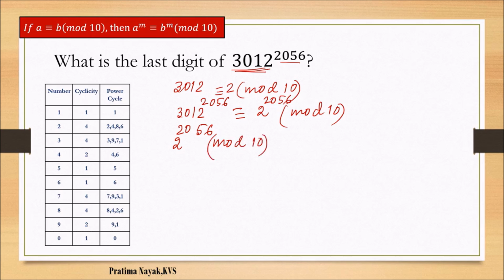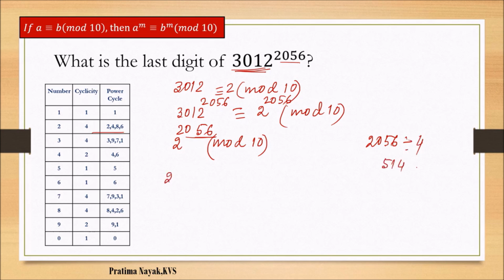After converting to a simpler form, next I'll get the cyclicity of 2. Again we have repeated just now. 2, 4, 8, 6. So I'll see whether it is a multiple of 4 or not. If it is a multiple of 4, then the result is 6. So 2056, if we divide it by 4, it will be 514, yes.